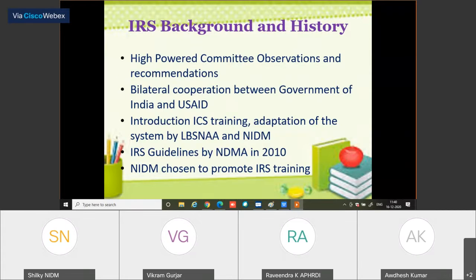IRS basically denotes Incident Response System, and with these three words, as we all know, incident is a happening, response is how we react and how we act, and system means we must have an organized or well-defined layout, a structure for responding to any incident.